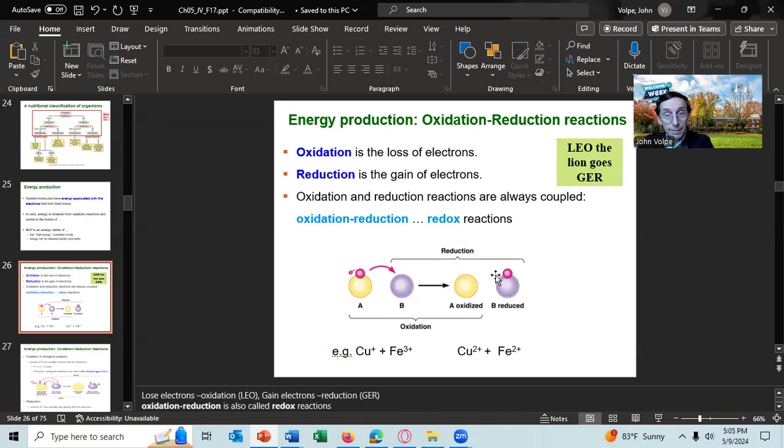An example is copper plus 1 and iron with a 3 plus charge. Copper can become oxidized, lose an electron, and so copper will be 2 plus. Iron will gain the electron and become reduced, decreasing to iron 2 plus. Any question about any of that?